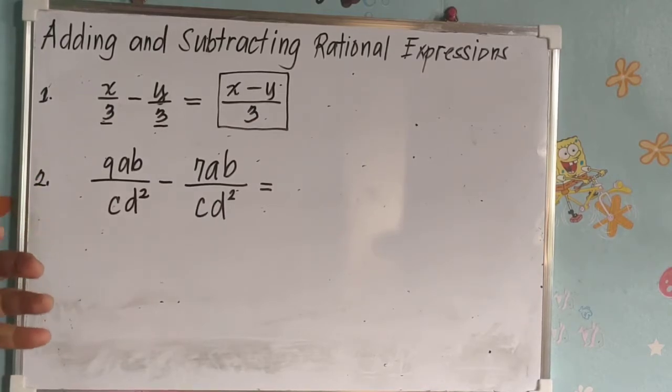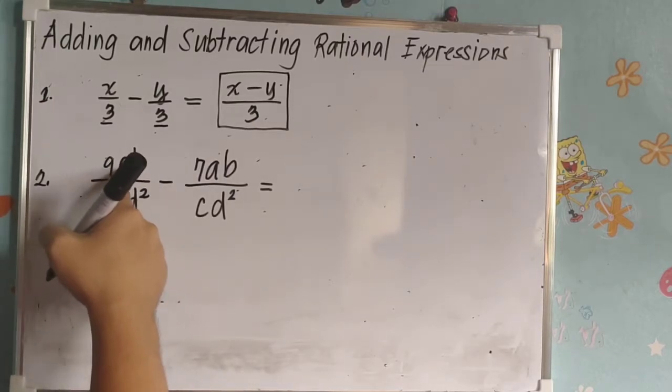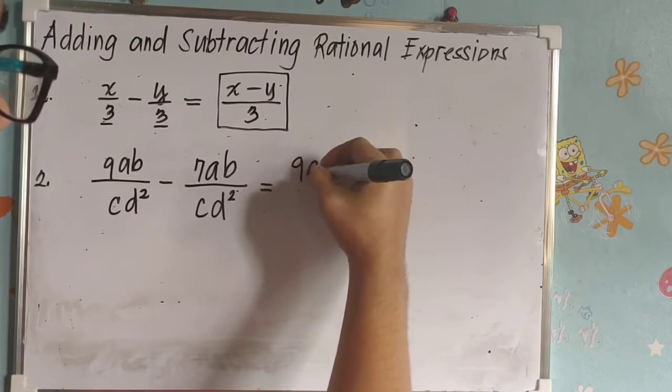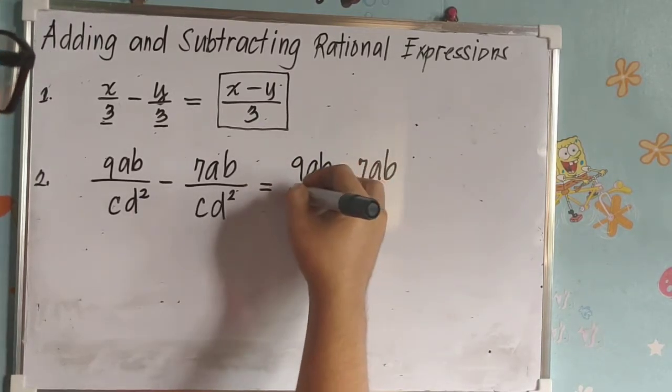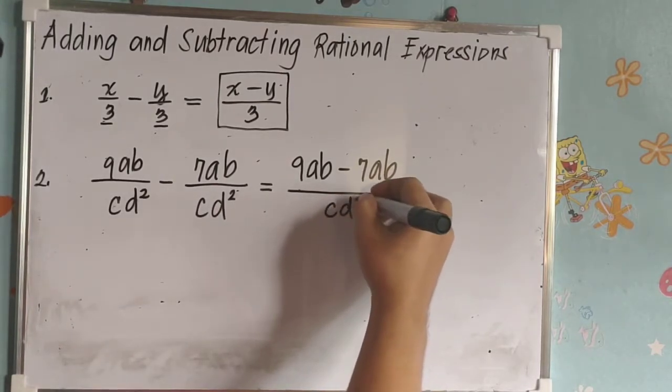So we will apply the same rule or process. So subtract the numerators and copy the common denominator. So we have 9ab minus 7ab all over the common denominator, which is cd squared.